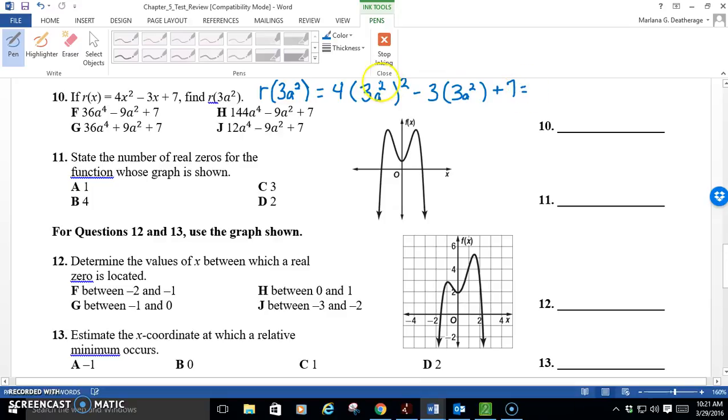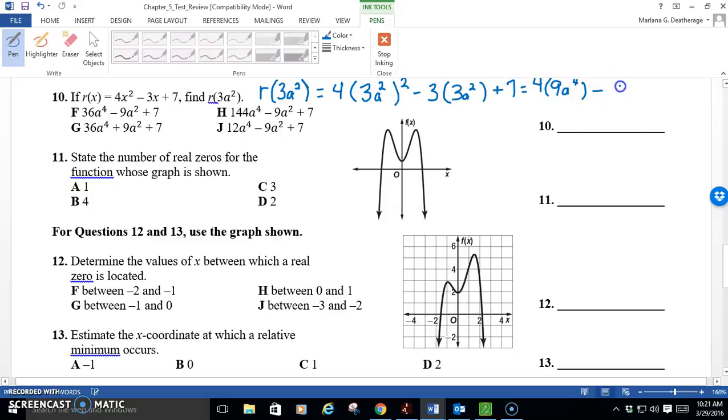Now we're going to have to raise both of these to the second power first. So we have 4 times 3 squared would be 9. A squared squared, you multiply, would be a to the 4th. I can go ahead and multiply negative 3 times 3a squared.